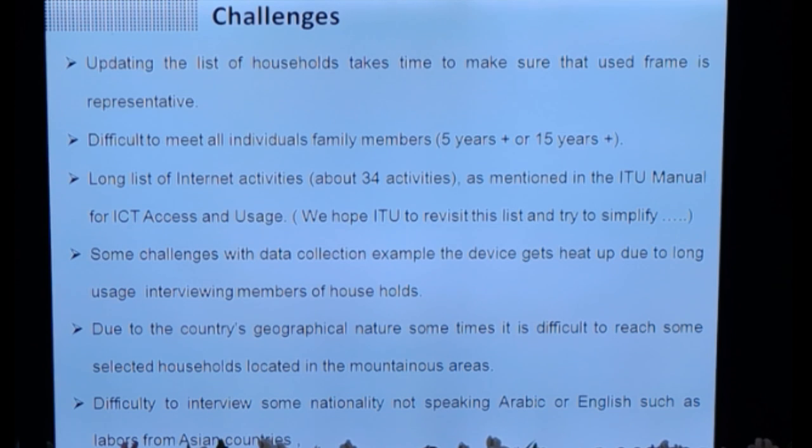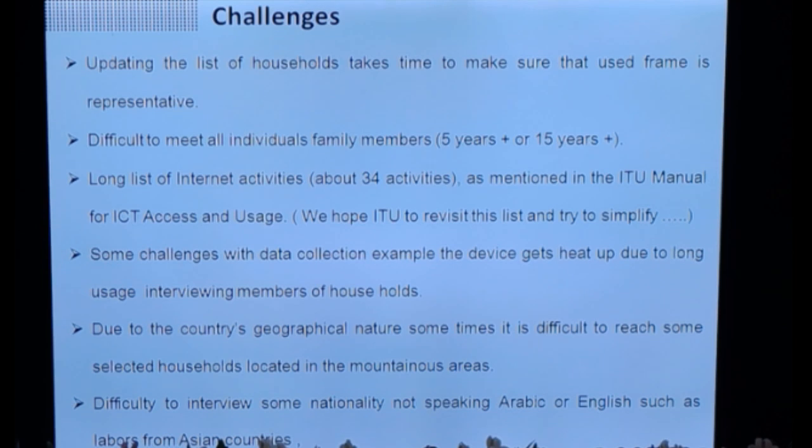We have some challenges during data collection. We are using certain devices, and those devices get heated up during the interview because of the long interview period. Also, it is difficult to reach some localities in Oman because of high mountains, and some localities are in the Empty Quarter, which is really inside the desert.